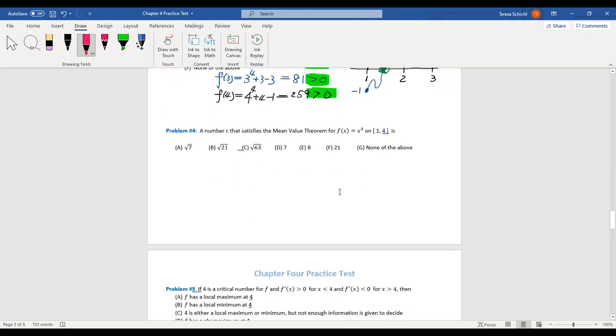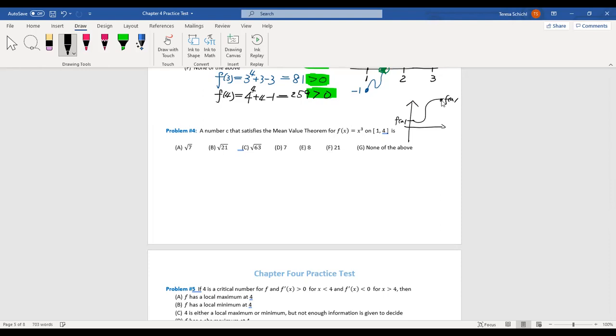They said the number C satisfies the mean value theorem. So what is the mean value theorem? If you have some function here, this is f of A, this is f of B, right?